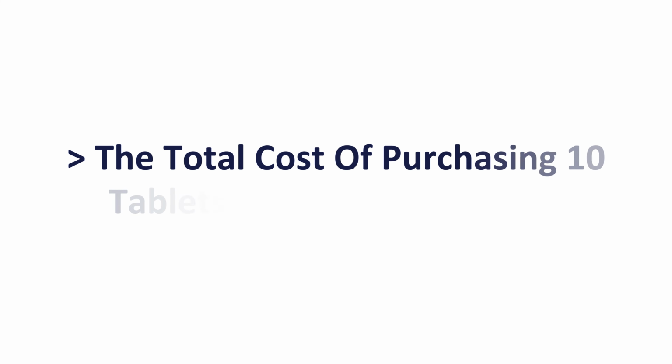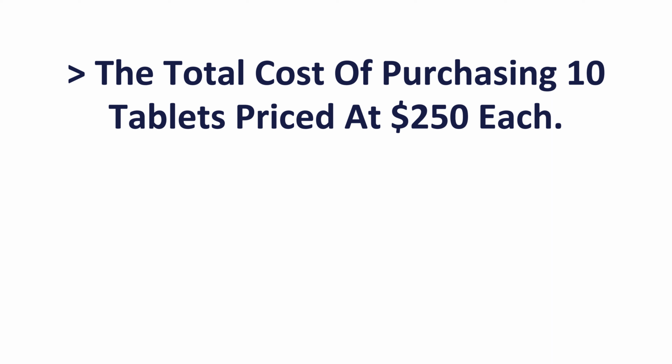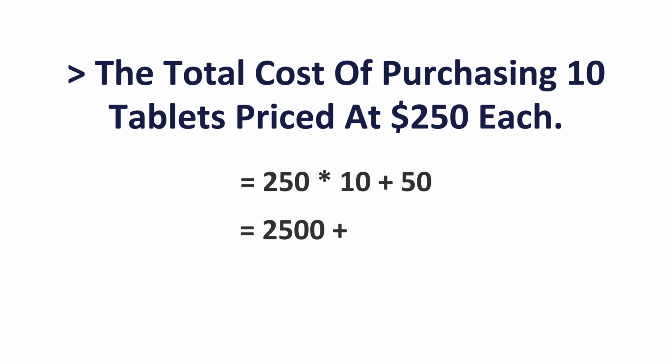For instance, imagine we want to calculate the total cost of purchasing 10 tablets priced at $250 each. If we type =250*10+50 into a cell, Excel will multiply the tablet price by 10 first, then add 50 afterward, resulting in $2,550.